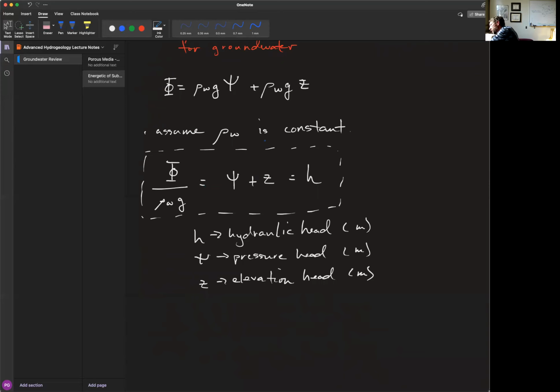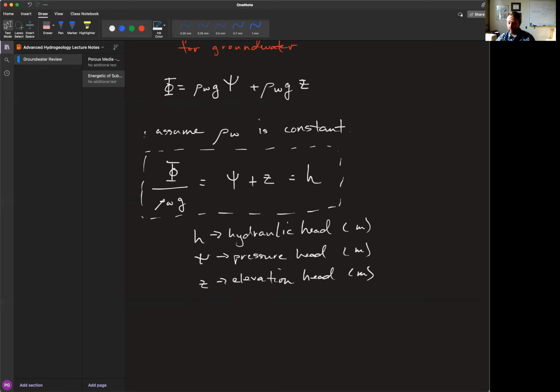Okay, so I can't stress the importance of this equation enough. It basically means that a hydrologist can easily measure the total energy per unit volume in their water at a point if they have a well, and they can measure the elevation. And then we can compare the total energy between points by comparing the elevation of the water in the wells in reference to some datum.